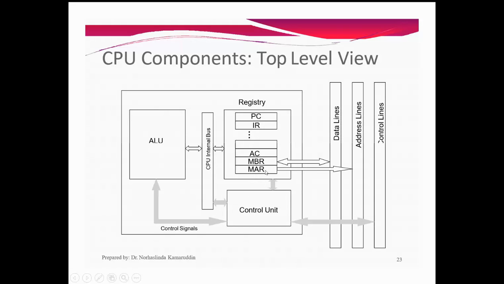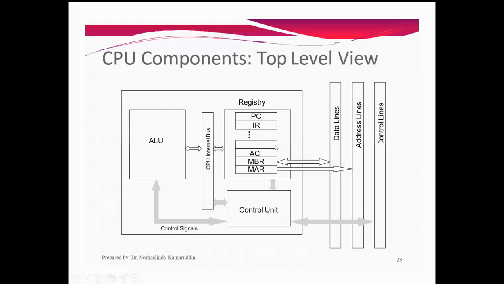The memory address register connects to your memory and sends only the address line. It is responsible for sending the address only. What address? The address of your instruction, the address of where your data or instructions reside in your memory.